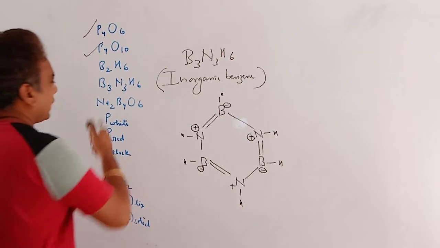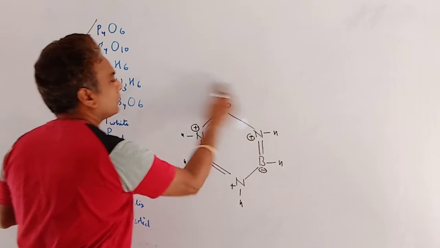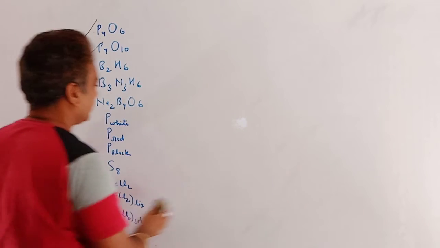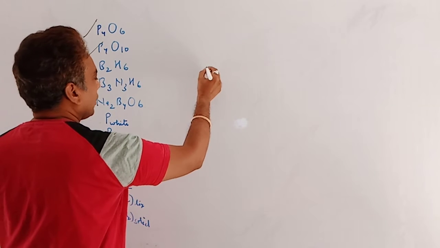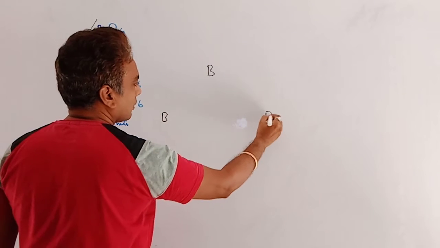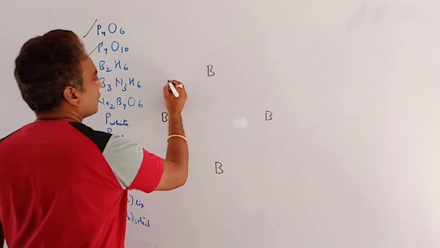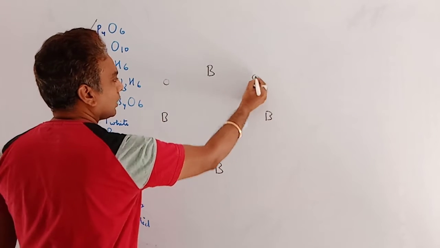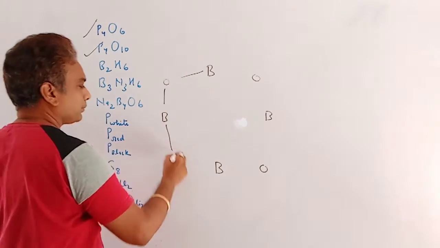Next molecule is Na2B4O6. So this molecule is called borax, and the dot structure of borax is like this. Here are 4 borons like this, and oxygens are at the middle of each boron like this.